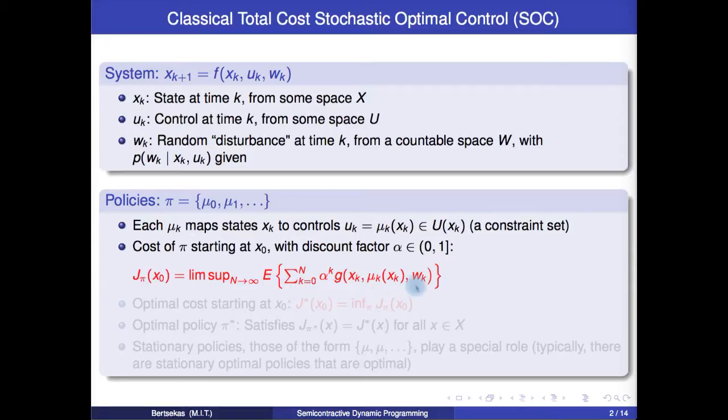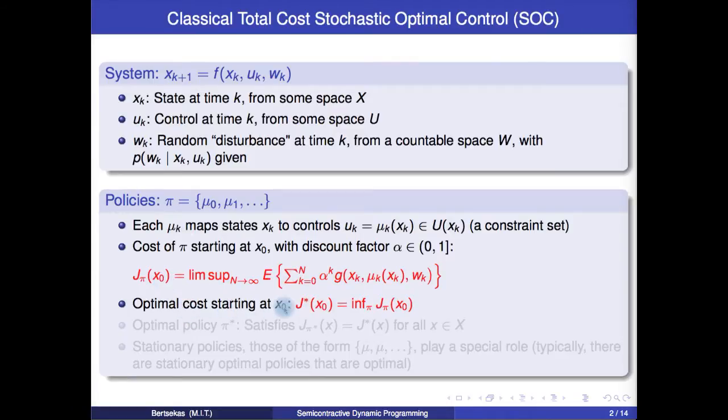So this expression here is the expected cost over n stages, and we're interested in the total cost over an infinite horizon. We are not sure that this limit as n goes to infinity exists, so we take lim sup here to define properly J pi of x0.